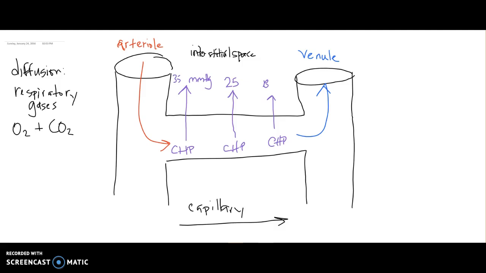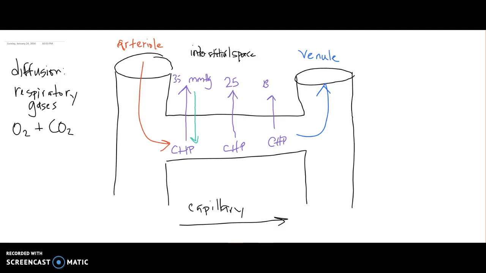In order to bring materials back into my capillary bed, I rely on osmotic pressure. If you remember, osmotic pressure is kind of this pulling pressure, so it ends up pulling fluid back in.